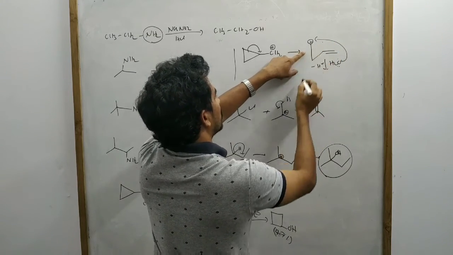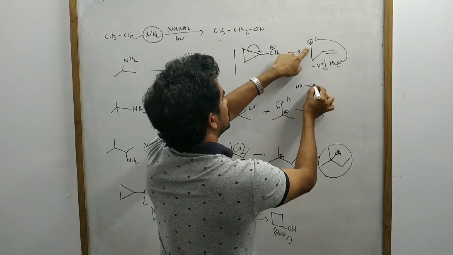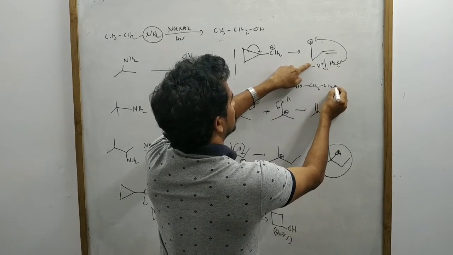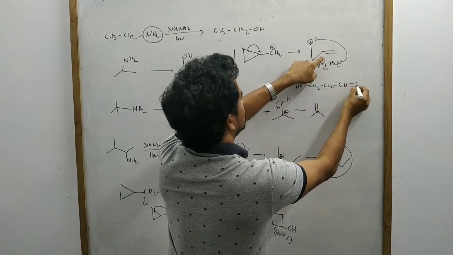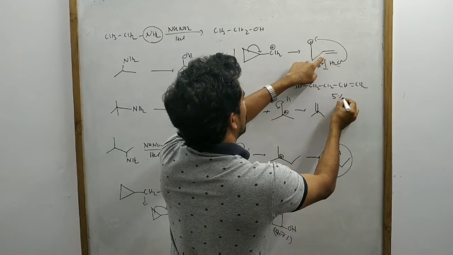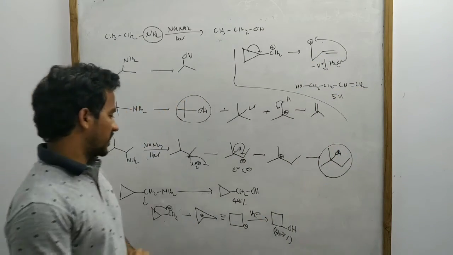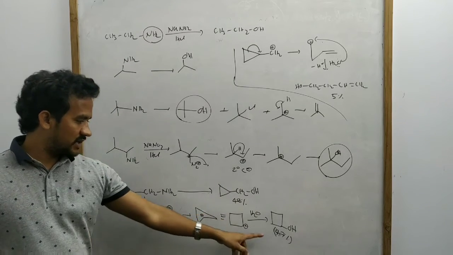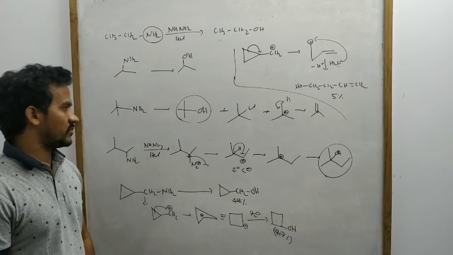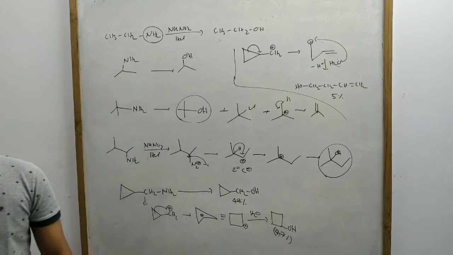So here OH, this one CH2 and this one CH2, and CH double bond CH2 is formed in 5%. Okay? Important reaction. Here 48%, here 47%. Okay? Right.